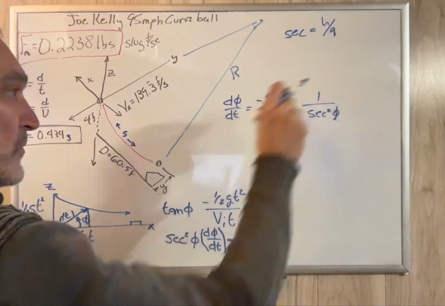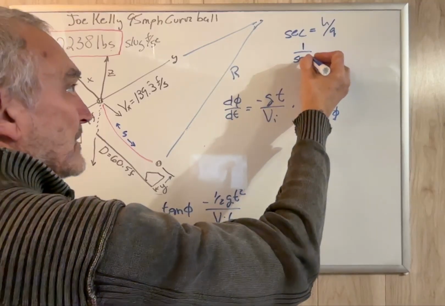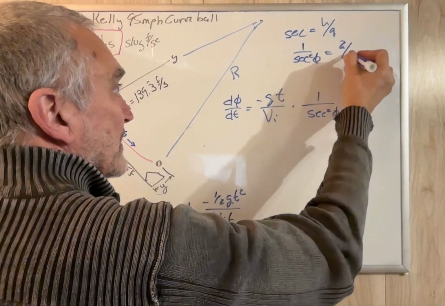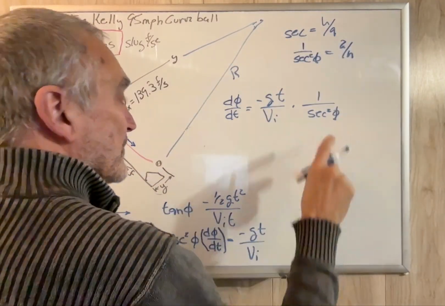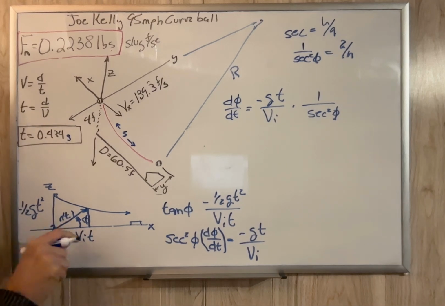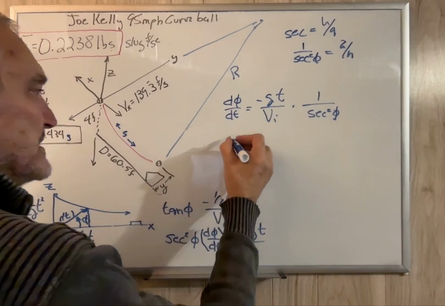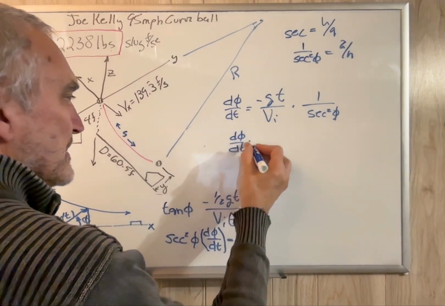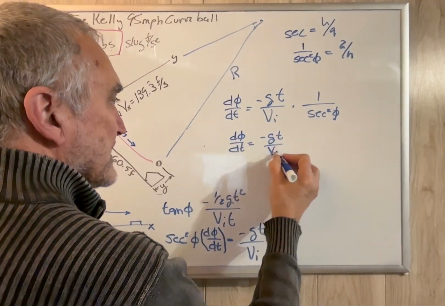But we actually have 1 over secant squared phi, right? That's going to be adjacent over hypotenuse. So we can just get rid of this and put it adjacent over hypotenuse. Well, that would mean that adjacent is this thing over this thing. So this is the adjacent, this is the hypotenuse. All right, let's do that. So d phi dt is going to end up equaling negative gt divided by velocity initial, right?